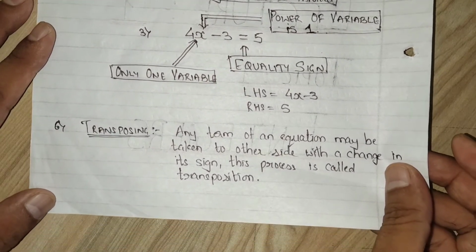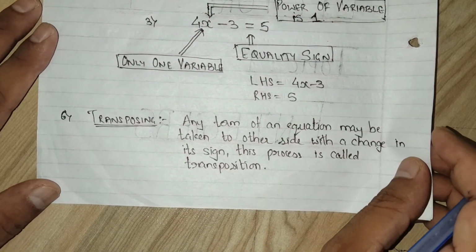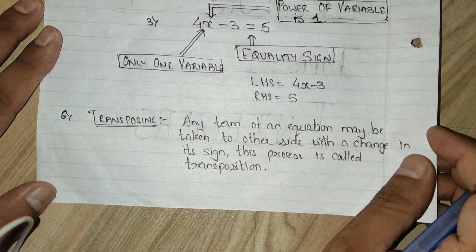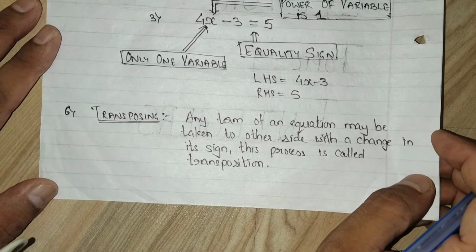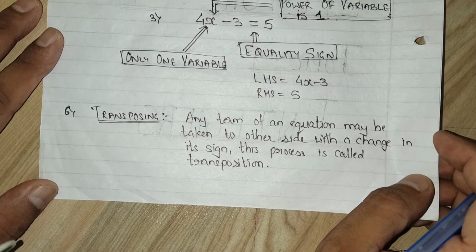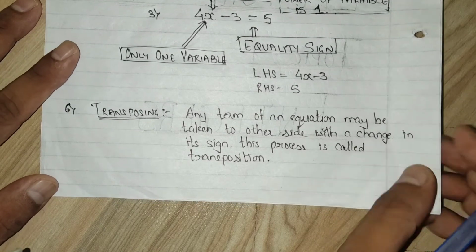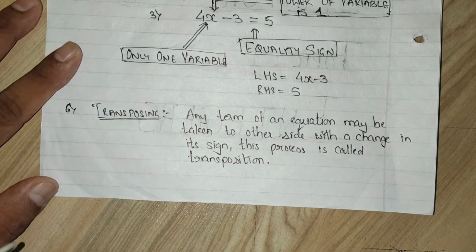So let us move to the 6th and the last but very important point, because it is very important for solving the equations. A linear equation in one variable is solved using this. The word is transposing. Let me first read it out and then explain with an example.